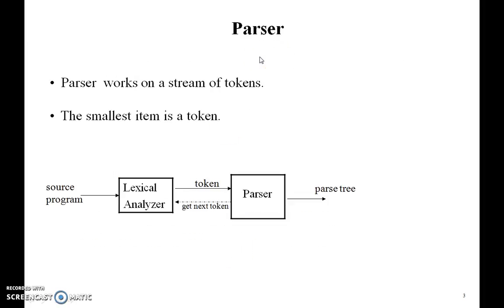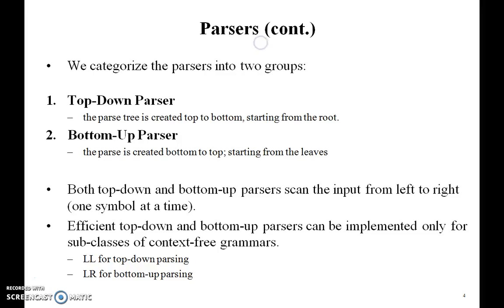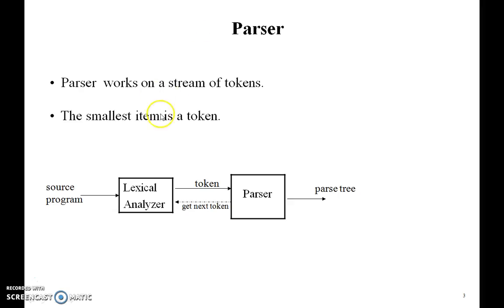So I am very happy to brief about the parser. Parser is a kind of algorithm used for generating the syntax analyzer inside the compiler. The role of the parser is to construct the parse tree with the help of a stream of tokens. Here, if you look at this diagram, we have a source program, whether it may be C, C++ or Java code.